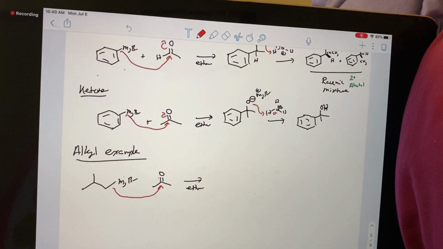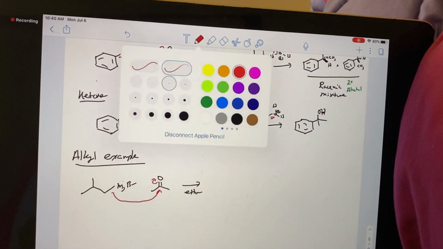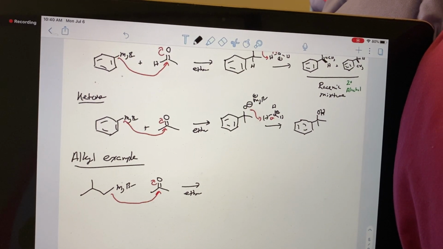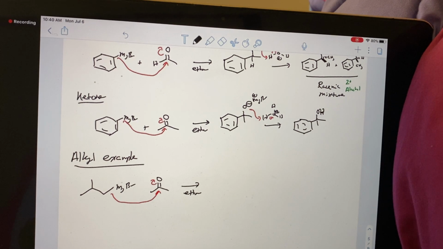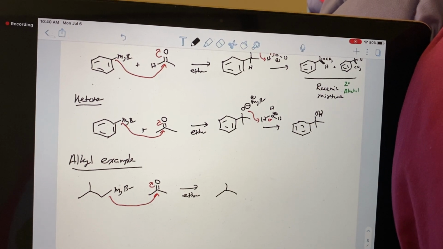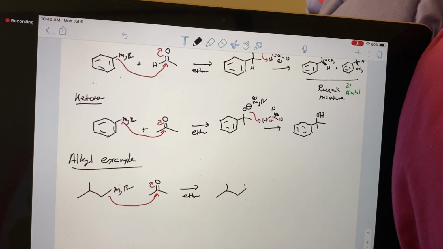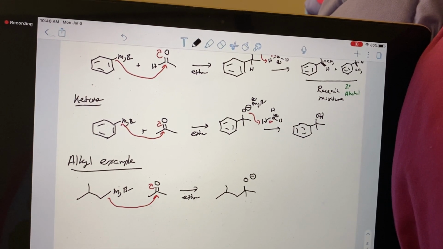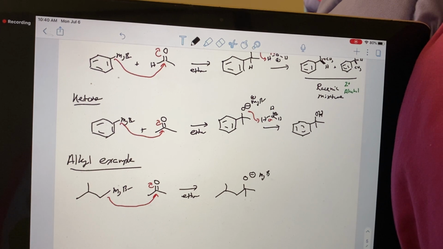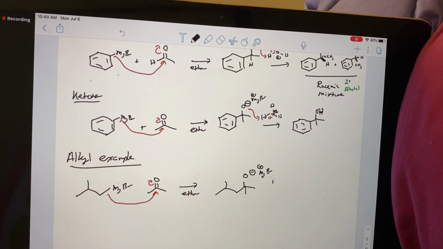This is going to nucleophilically attack the carbonyl group, forming a tetrahedral intermediate. And let's just have 1, 2, 3 carbons, 1, 2, 3 carbons, O minus here. And then we'll simply protonate.